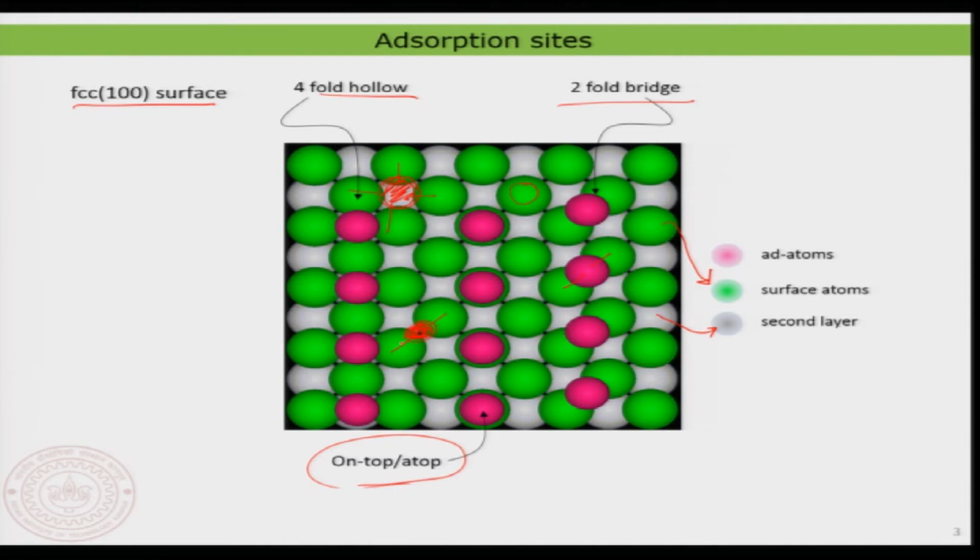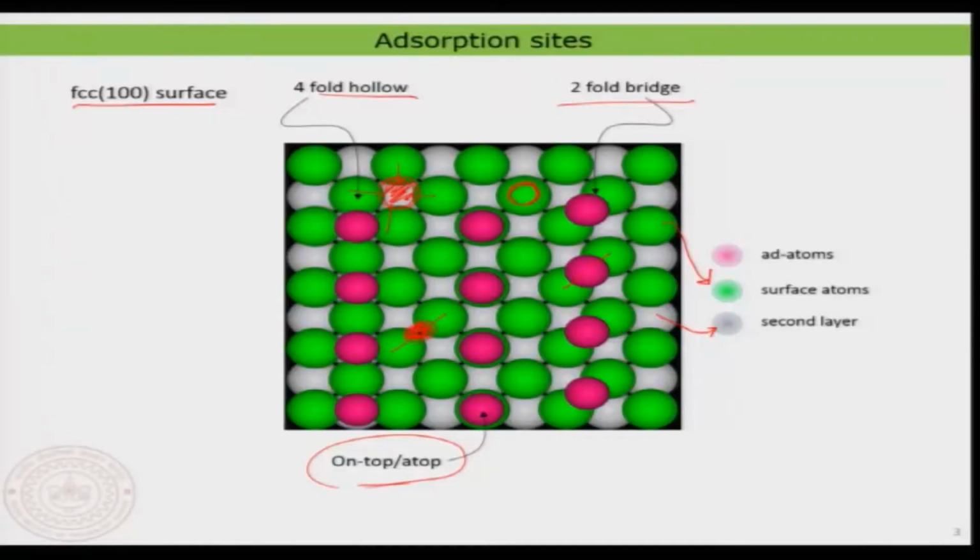So, the coordination number is less, and when the atom is adsorbed on top of an atom, then you see it only has a coordination with the atom on the surface. So, that means the number of coordination is finally going to define where these atoms are going to adsorb, because that coordination will define how strong the adsorption is, and that is what we are going to see in the next slide.